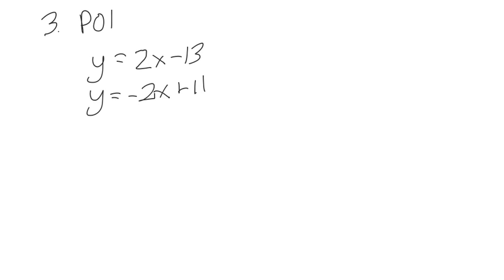Since I have these in slope-intercept form, I'm going to use what we often call comparison or substitution. So I'm just going to set the equations equal to each other.